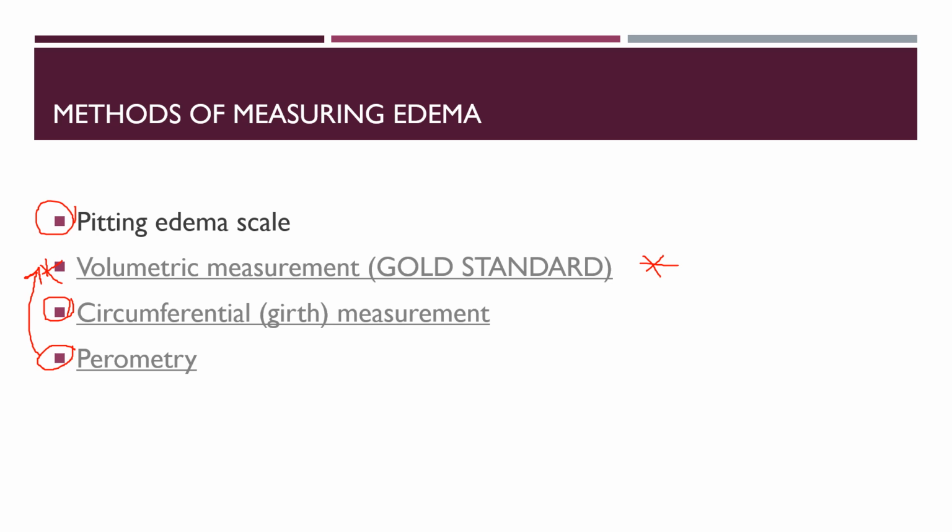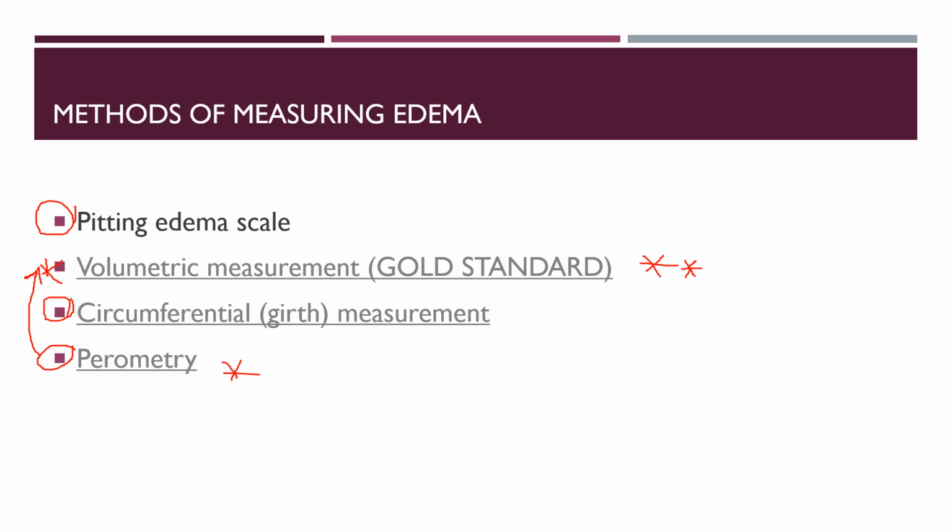So maybe this would be best for large limbs, like a full leg, versus this gold standard method, which you'll kind of see what I mean. The volumetric measurement is good for small joints like the ankle, the hand, but probably not so much for an entire limb. And you'll see why with the setup and everything like that.